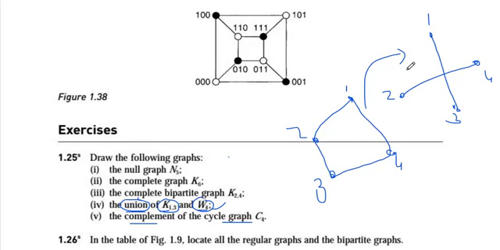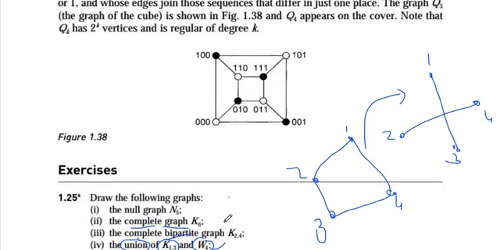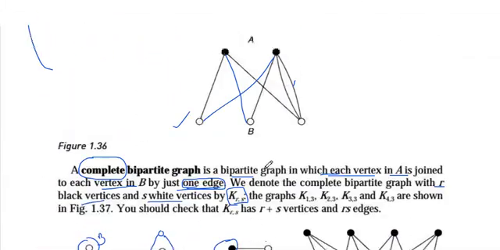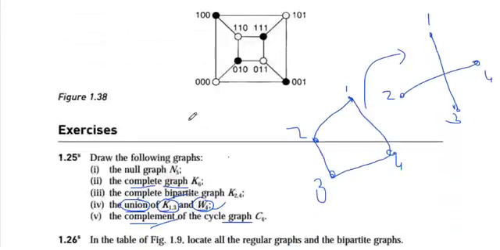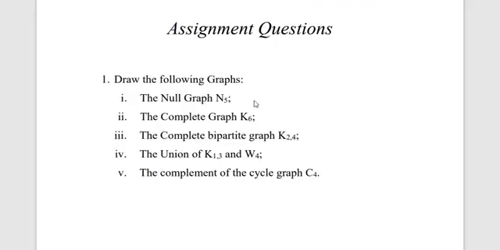Okay, in the exam they can ask about any of the graphs we have discussed earlier: complement of a cycle graph, complement of a bipartite graph, complement of a null graph. Do not confuse complete and complement of a graph. This 5-question exercise is also your assignment.